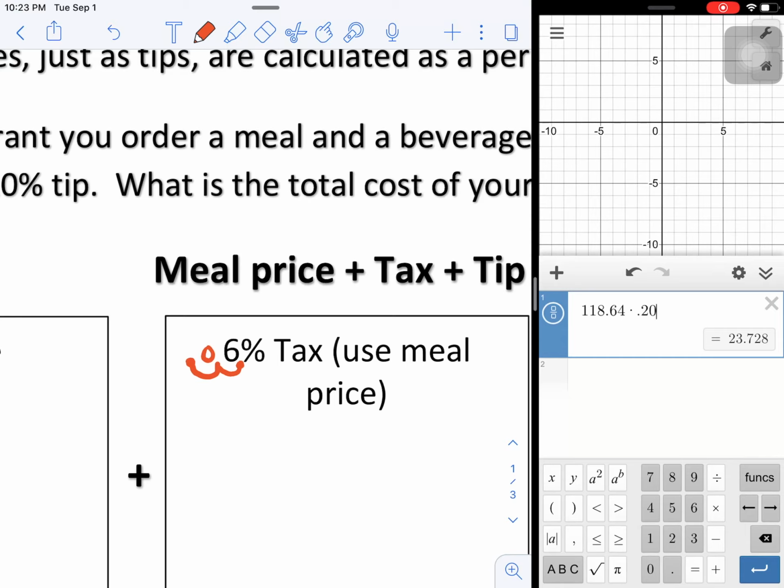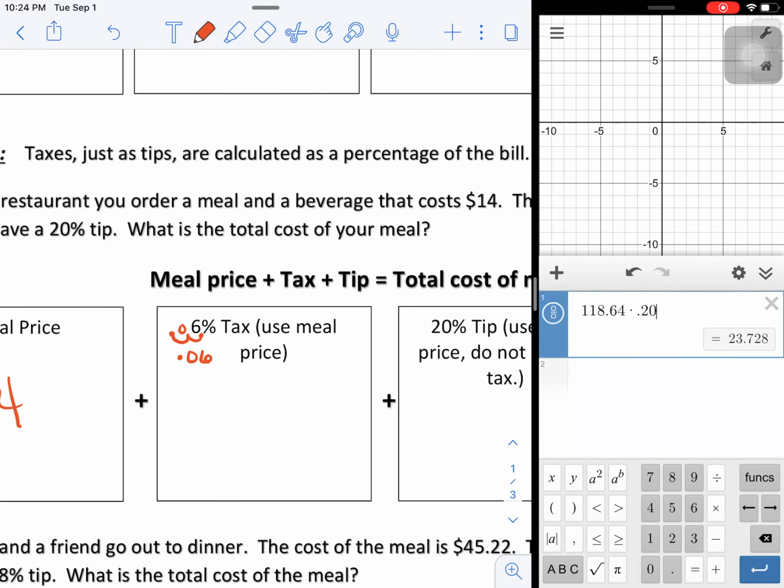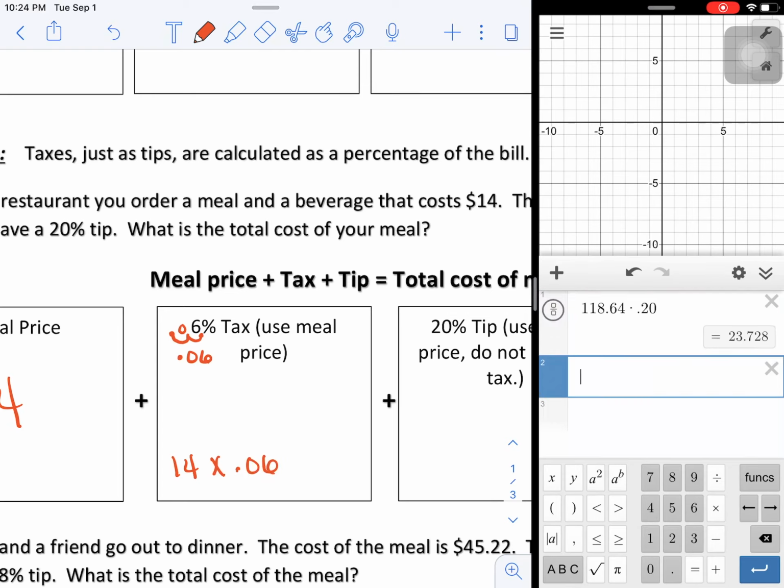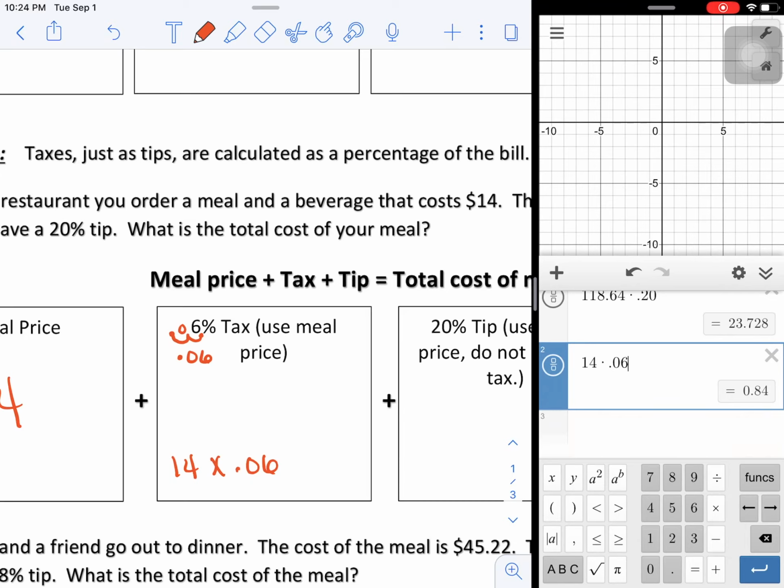We actually have to add a 0 on there. So I am using 0.06. So to find this box, I'm going to take $14 times 0.06, and I get another 84 cents.